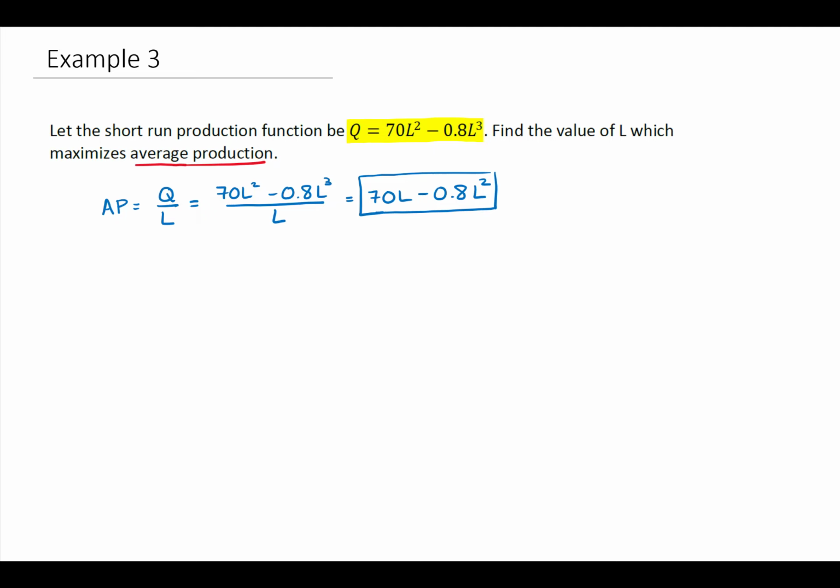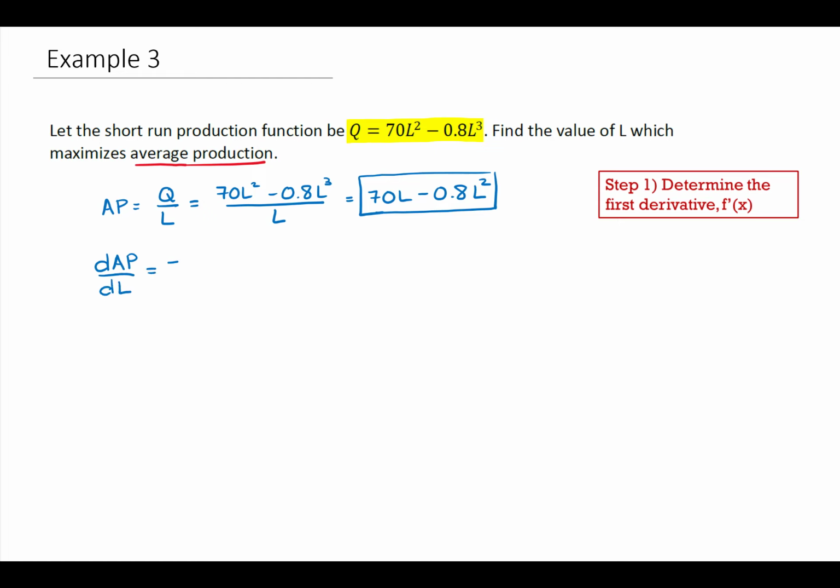Now to do this, I'm still going to follow my classic optimization process. I'm going to take the first derivative, dAP by dL, of this function, and I'm going to have 70 minus 0.8 times 2 gives me 1.6 L. I then set this first derivative to be equal to 0, and I solve for the L values. So I'm going to move L over to the other side by adding 1.6 L to each side.